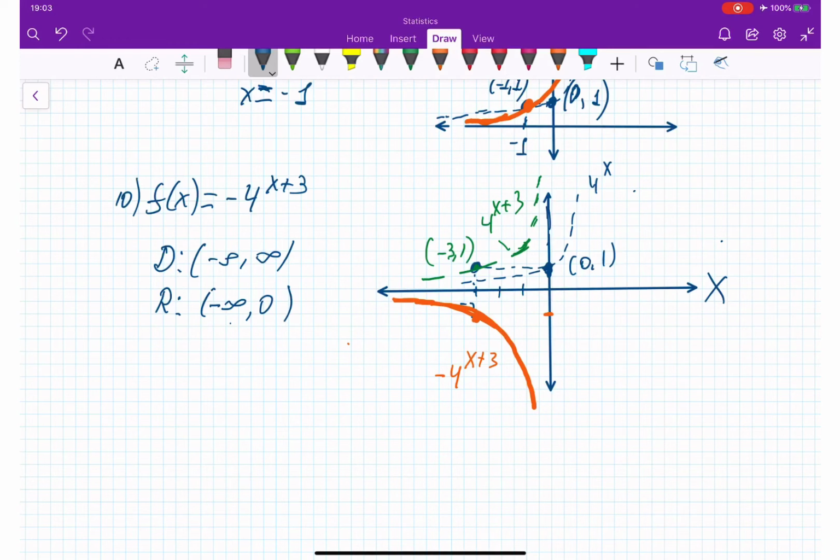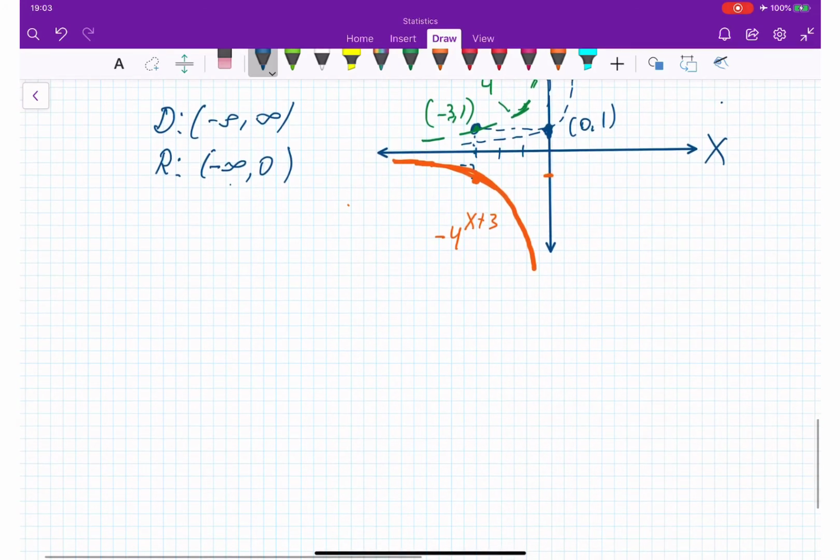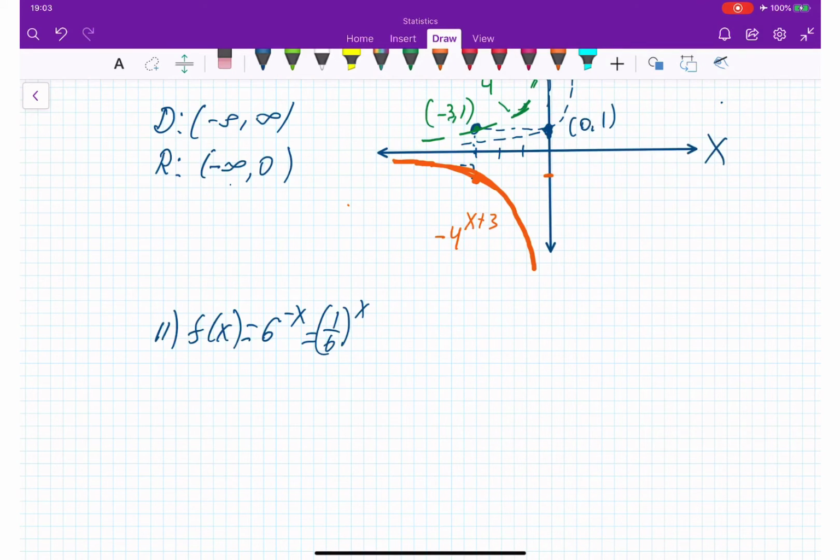Question number 11. F of x is equal 6 to power negative x. So 6 to power negative x, remember, we can build either by points or as 1 over 6 to power x. As a sketch, since it's a fraction, we know which way it's going to go.